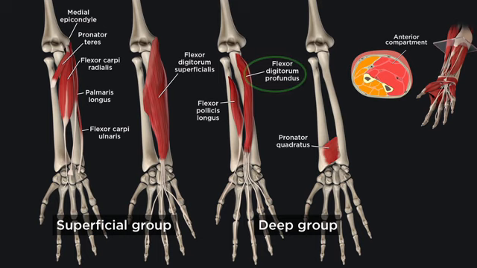But the flexor digitorum profundus has dual innervation from both the anterior interosseous branch of the median nerve and the ulnar nerve. The medial half of flexor digitorum profundus is supplied by the ulnar nerve, and the lateral half by the median nerve's anterior interosseous branch.